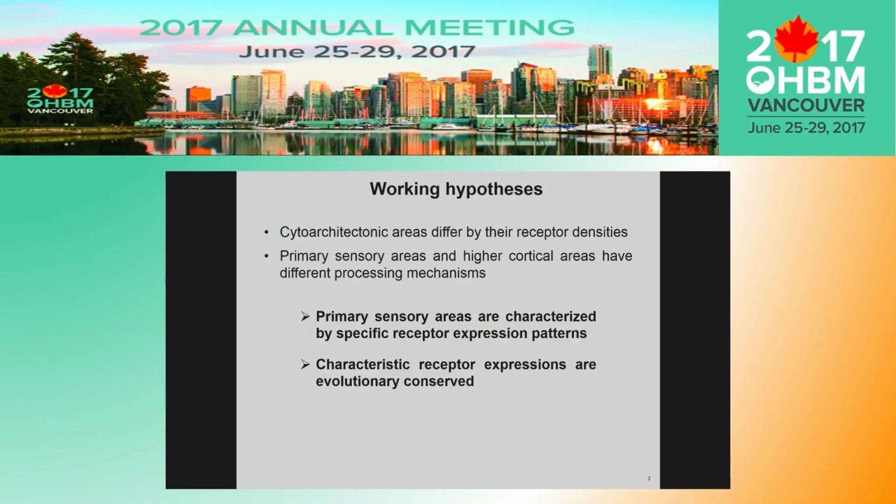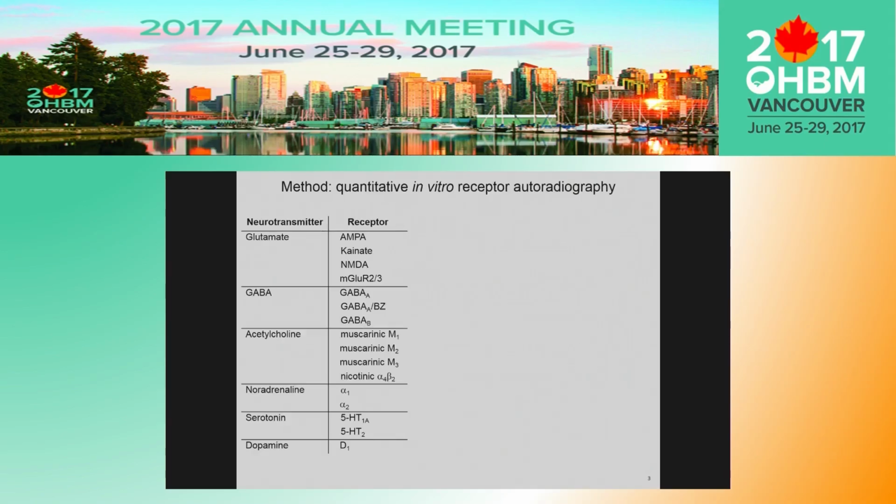Our working hypothesis was that primary sensory areas would also show a very specific receptor expression pattern, and that this expression pattern would be an evolutionarily conserved aspect of the brain. We applied the method of quantitative in vitro receptor autoradiography to test this hypothesis.